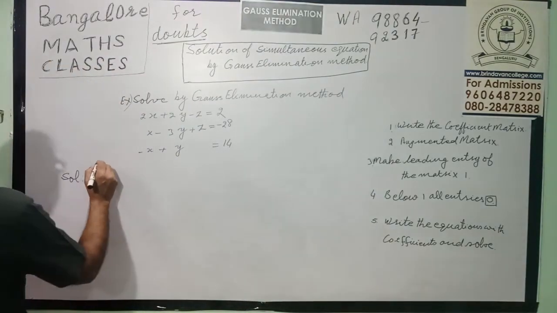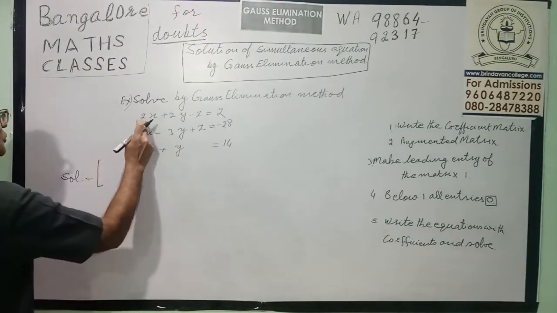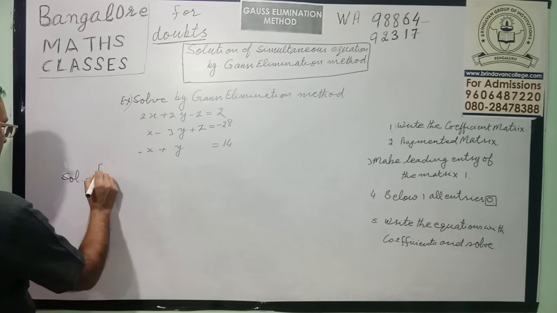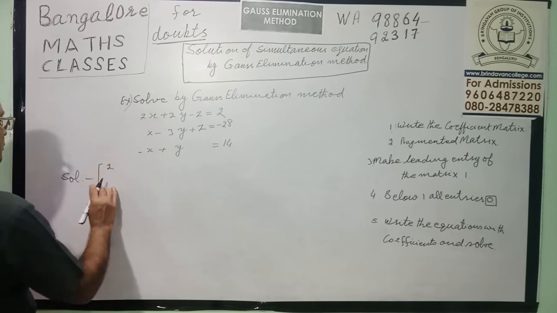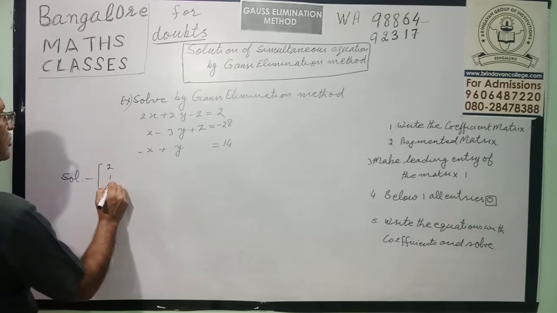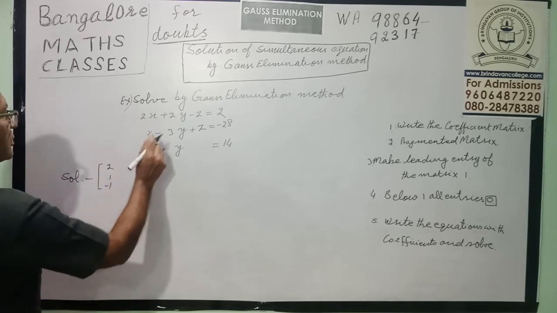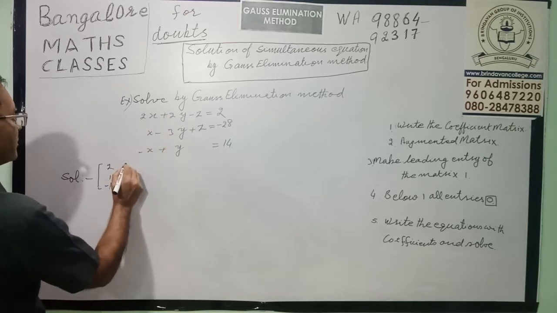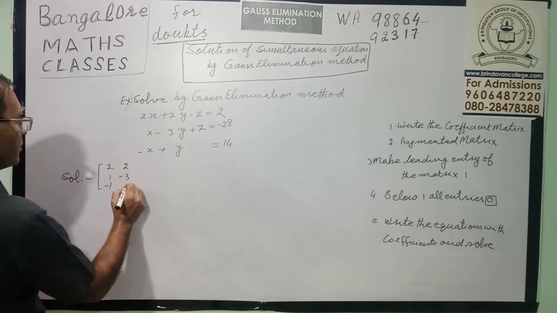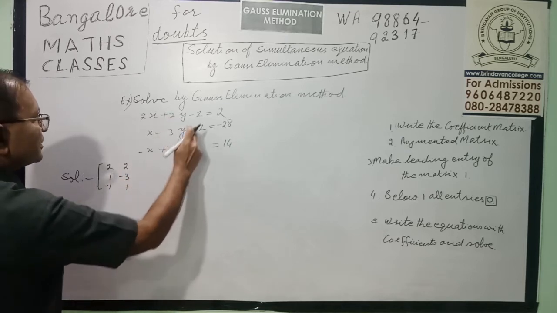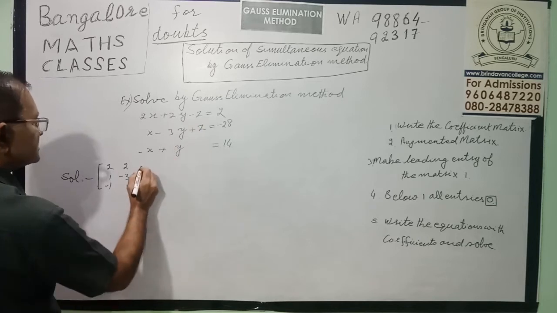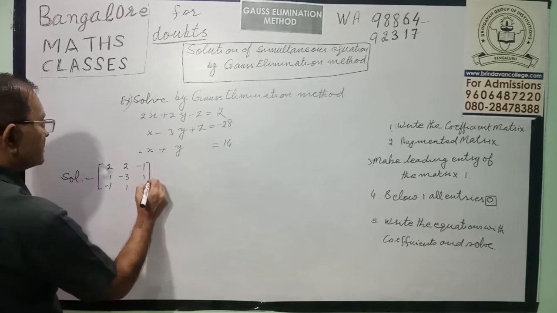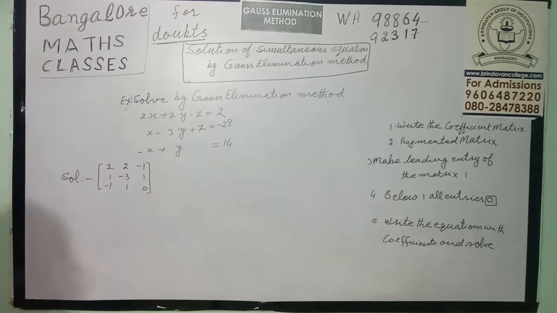That is 2, 1, minus 1. 2, minus 3, 1. Minus 1, 1, 0. No z is there. That is the matrix. Just write down the matrix.